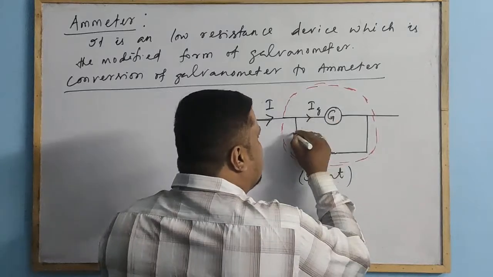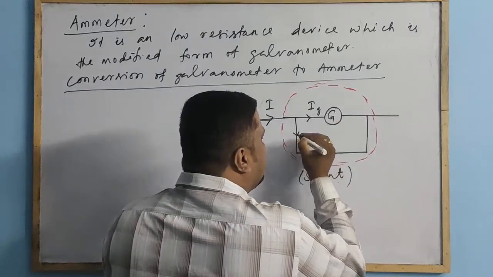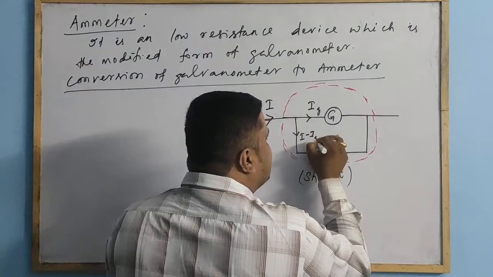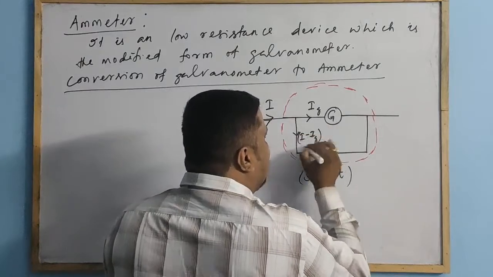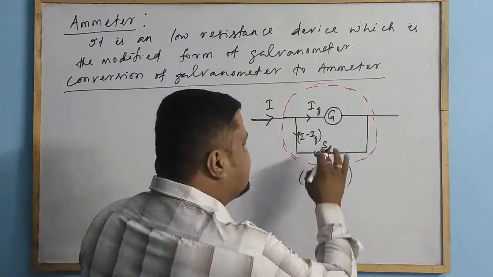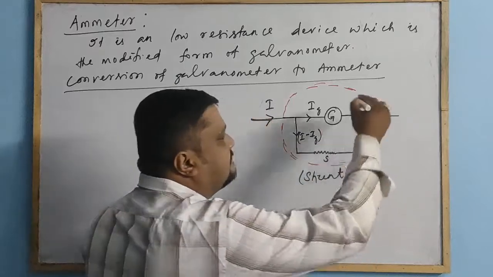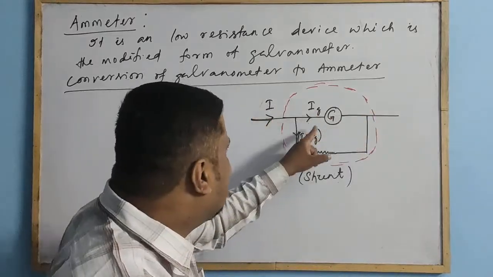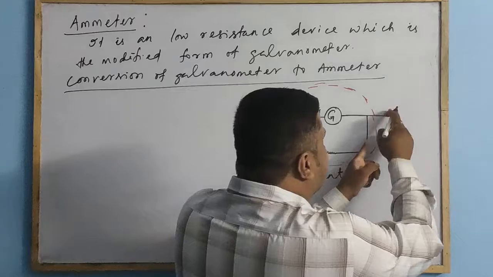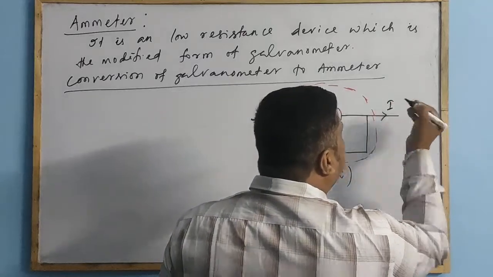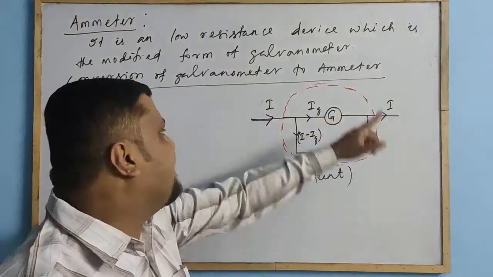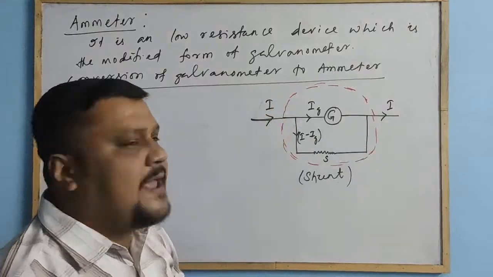Because they are in parallel, the rest of the current, I minus Ig, passes through the shunt resistance S. Then Ig and I minus Ig come out again as I. So you can measure the current. So this is an ammeter.